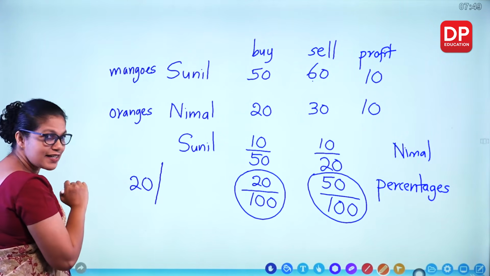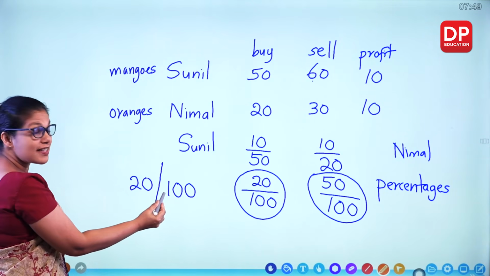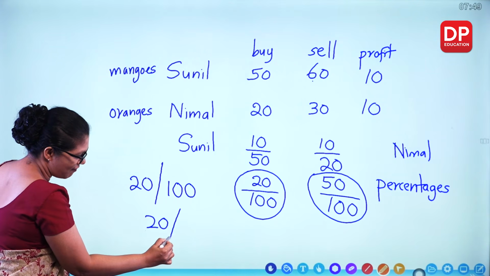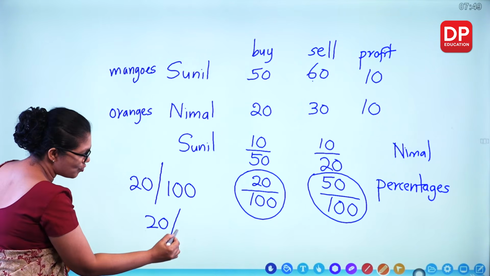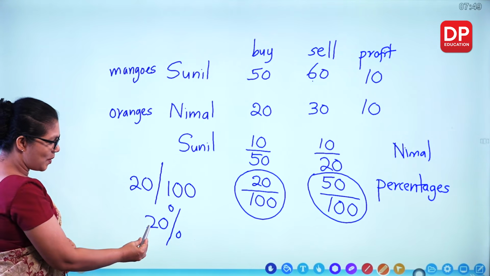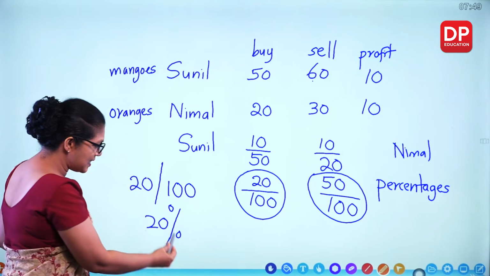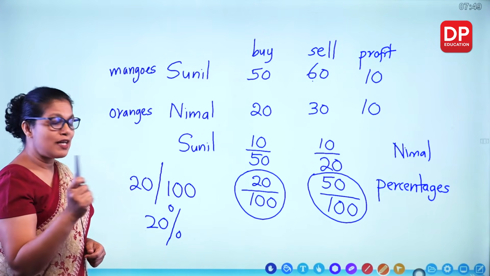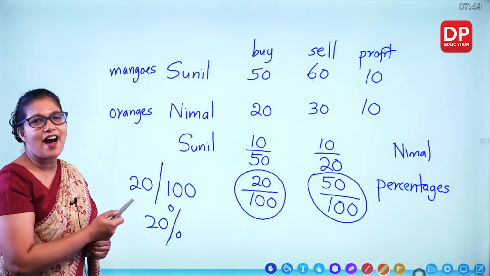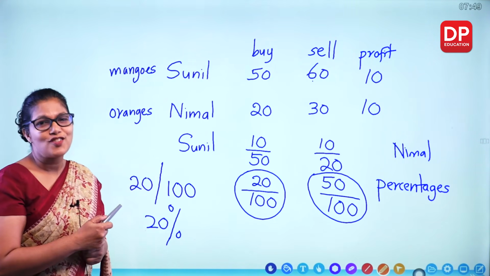Then I can take this one and extend here, and these two zeros I can put here. What is this? 20%. So we use the percentage sign. Actually, what it means is divide this number by 100. So we'll do percentage questions today.